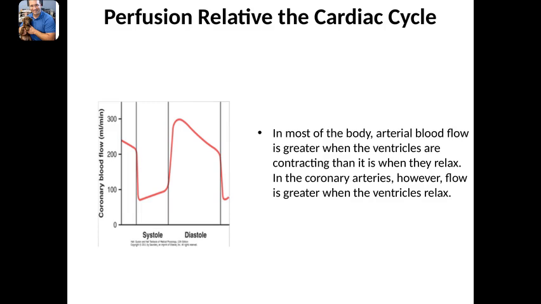But when we're talking about the coronary arteries, you need to remember that the heart nourishes itself during the phase of diastole. So when the heart relaxes between beats, between contractions of the ventricles, that's when it feeds itself. It takes a little bit of time out to take care of itself when it's on break between pumping blood everywhere else. Hopefully you can follow that.